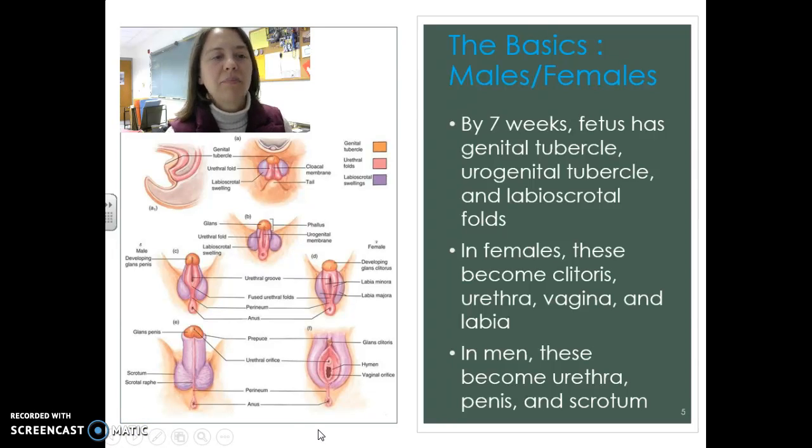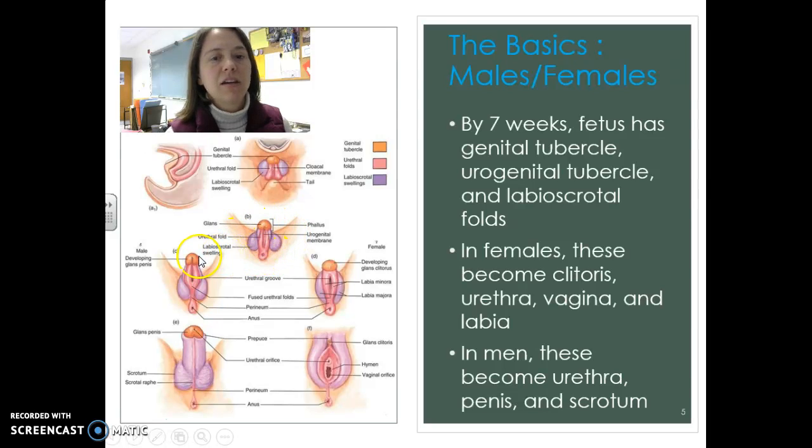Looking at the pictures, we can see in the developing fetus we have the genital tubercle, the urogenital tubercle, and the labioscrotal folds. As it develops, this would be before it has divided into either masculine or feminine.